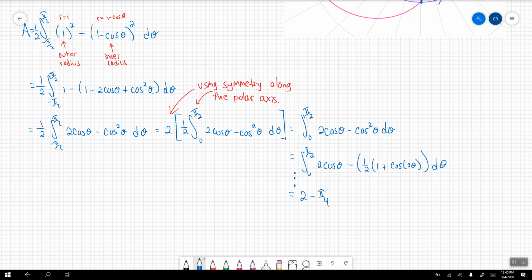Now, what we're going to be talking about is a specific formula to find if we can extract the length of a curve in polar coordinates.